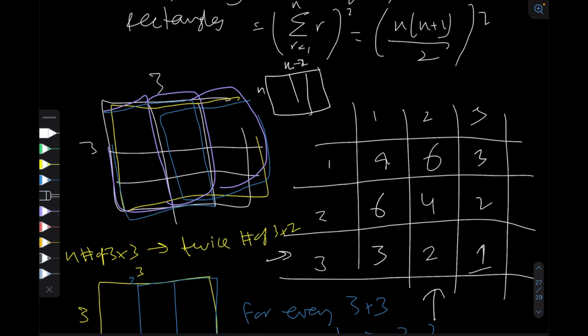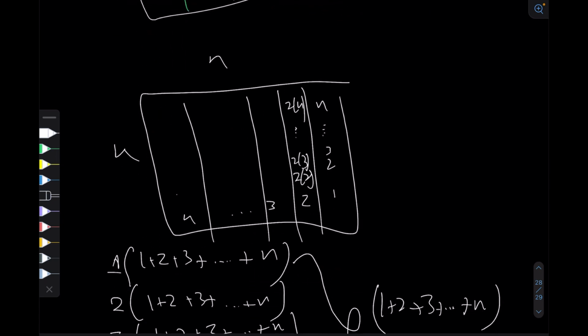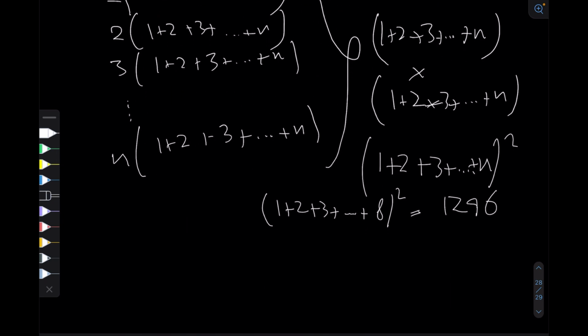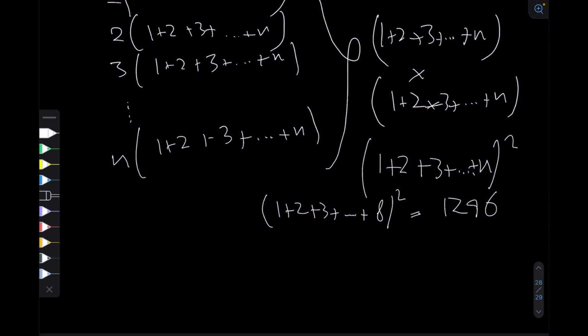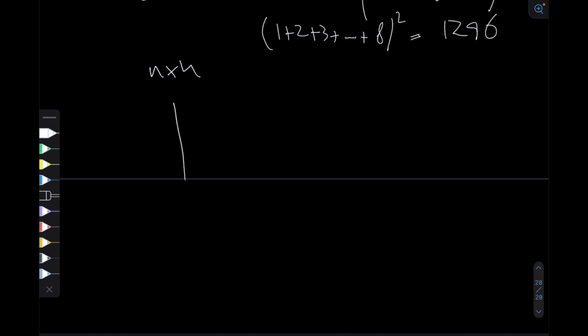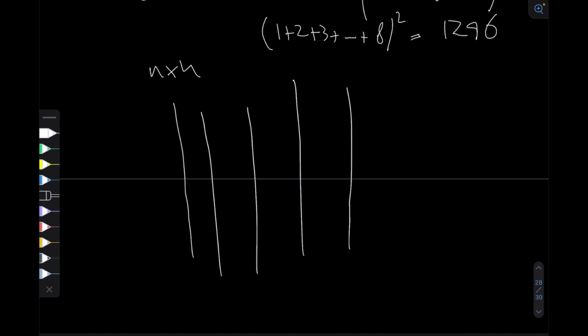And so we have reached our answer, but there's one much cooler way of doing this, and it's by combinatorics. If you have any n by n, we can notice that there are n plus 1 vertical lines and n plus 1 horizontal lines.